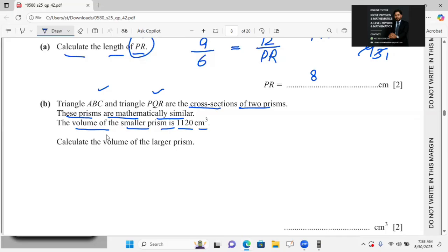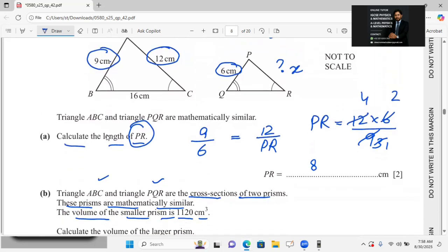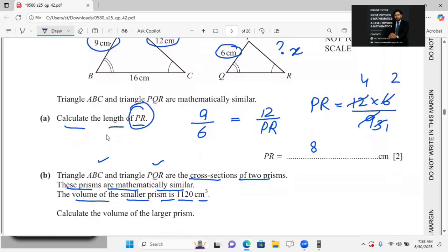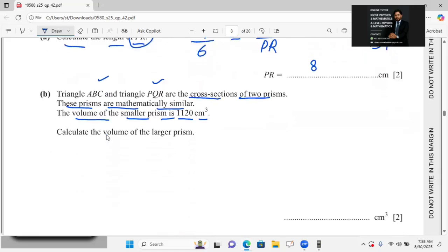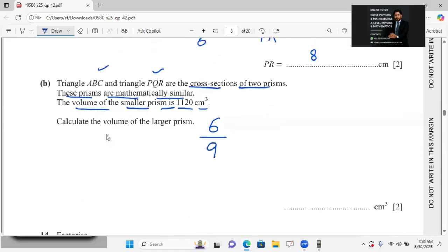So I am taking here the ratio for the whole volume. 1120 is the volume of the smaller one. Let's suppose I take the sides to be 6 and 9. I'm taking 6 over 9. These are the corresponding sides over there.